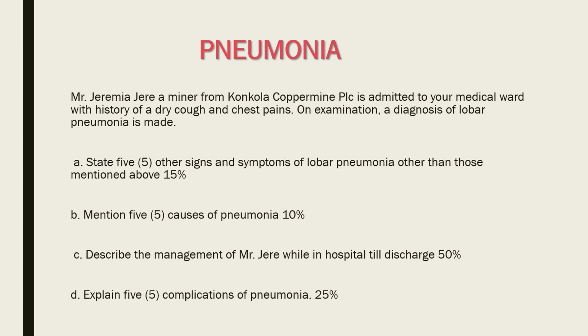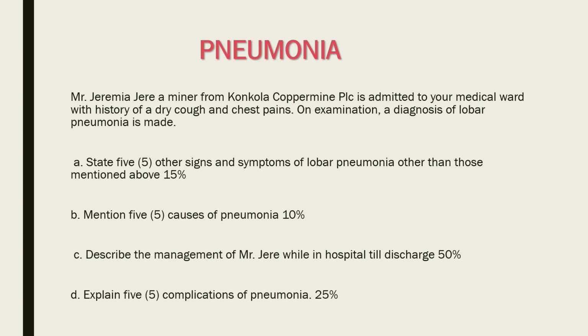Now, looking at the nature of the question itself, from the foundation that is given to us, Mr. Jeremiah happens to be a miner from Konkola Copper Mine, and is admitted to the medical ward with a history of dry cough and chest pains. On examination, a diagnosis of lobar pneumonia is made.